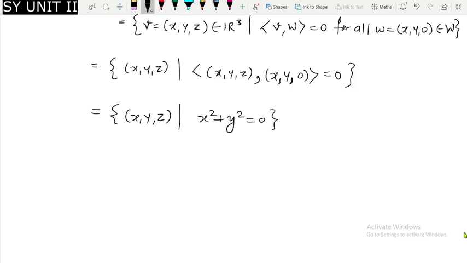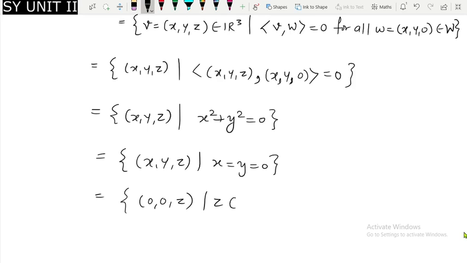So what should be the values of x and y if x square plus y square is equal to 0? Yes, it is possible only if x square is 0 and y square is 0, because both are non-negative quantities and their addition is 0. So this is possible only if both x is equal to y is equal to 0, and this is nothing but the set of all (0, 0, z) such that z belongs to R.